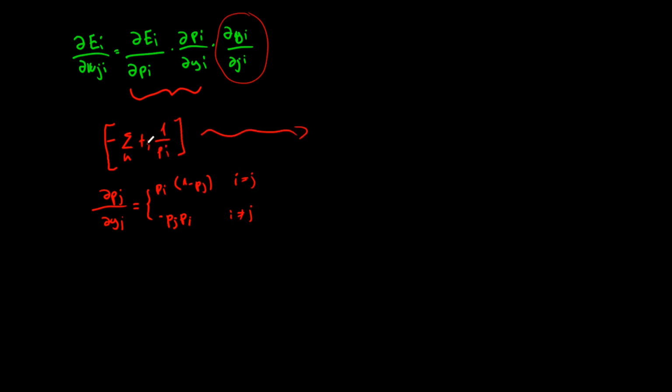In this summation, when k equals i, it will multiply by this. So we have t_i multiplied by 1 over p_i, multiplied by p_i times (1 minus p_i), and the rest will be the summation over k when k is different from i, right?